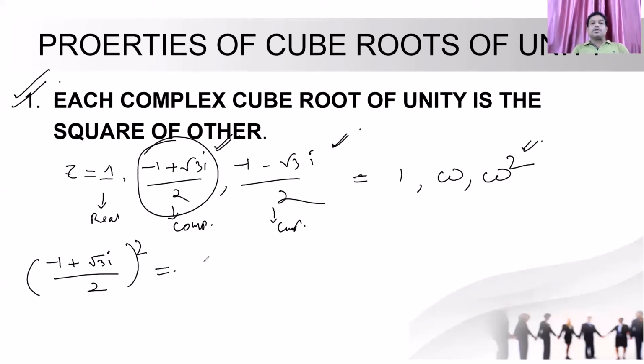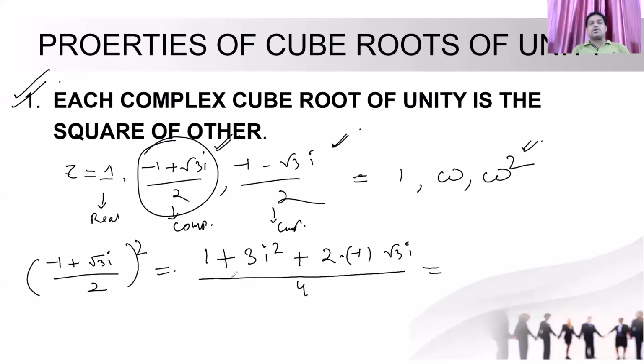How will it come? So now minus 1 square, that is 1, plus root 3i square, 3i square, plus 2ab, plus 2 into minus 1 into root 3i, divided by 2 square. What is the value of 2 square?